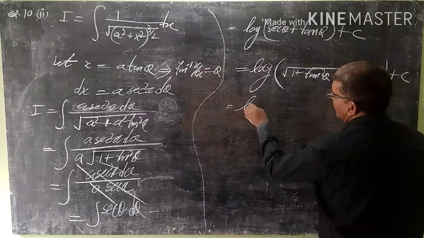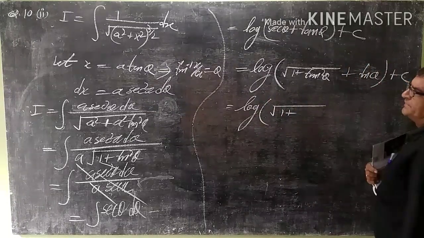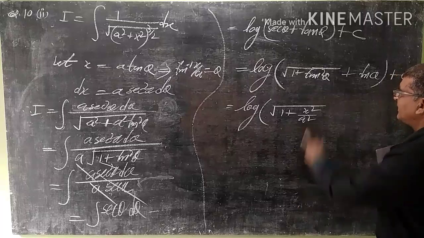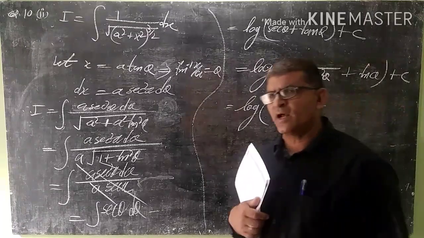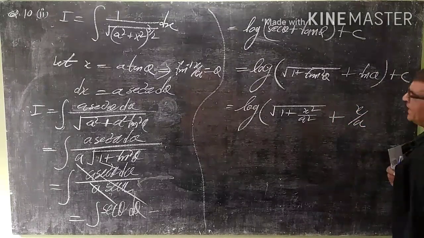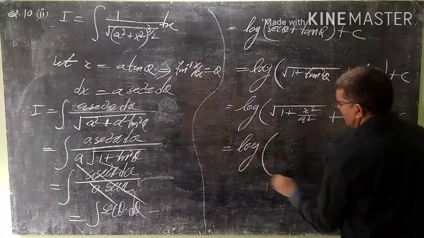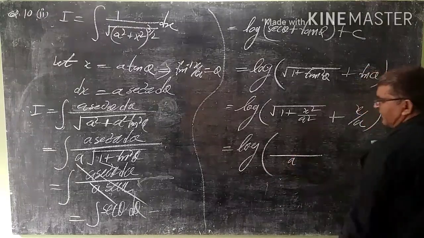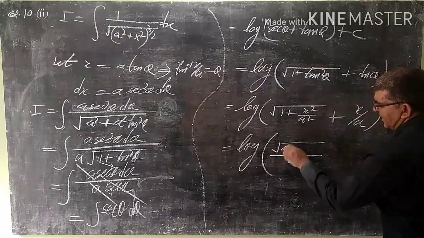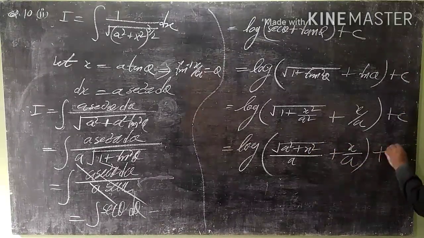Next, log under root 1 plus x square upon a square. The value of tan theta, if there is square, then we have to put the square also. And tan theta equal to x upon a, plus c, equal to log, a square, we can take LCM, then it will become a square plus x square, plus x upon a, plus c.